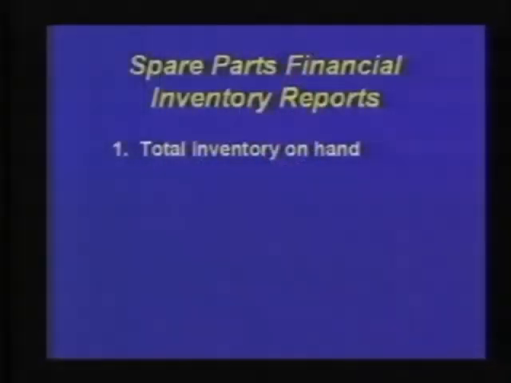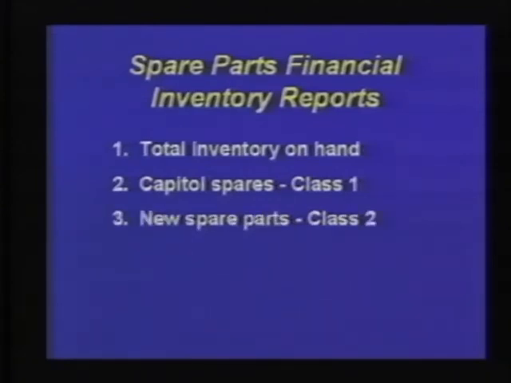So starting off with item 1, we would have the total inventory on hand. And then that could be subdivided into item 2, would be the class code 1, 3 would be class code 2, and item 4, the stock would be the class code 3, which we say are called the other stock items.